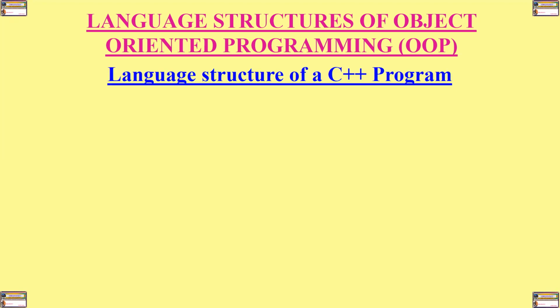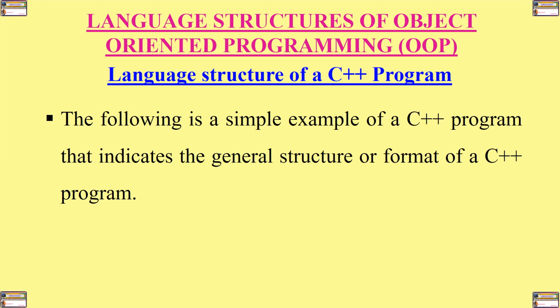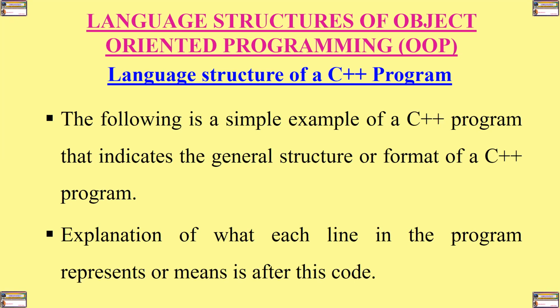And in this tutorial, my focus will be on the language structure of a C++ program. The following is a simple example of a C++ program that indicates the general structure or format of a C++ program. The explanations of what each line in the following code represents is after this code.